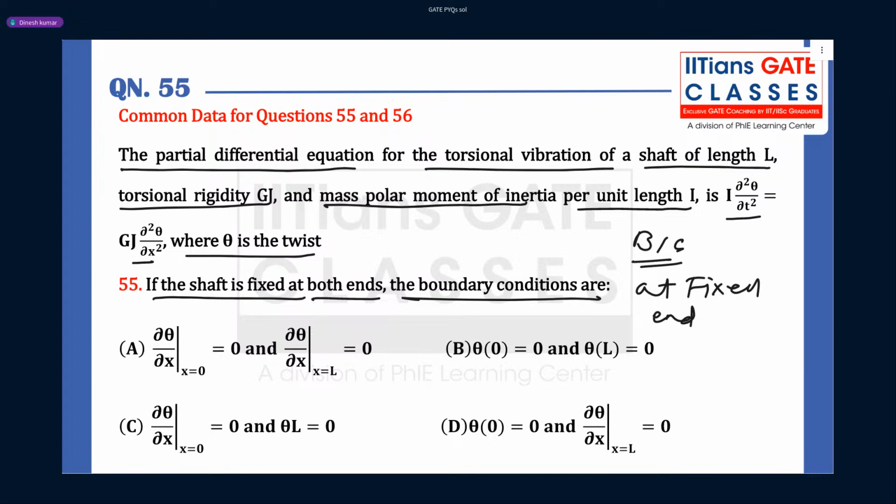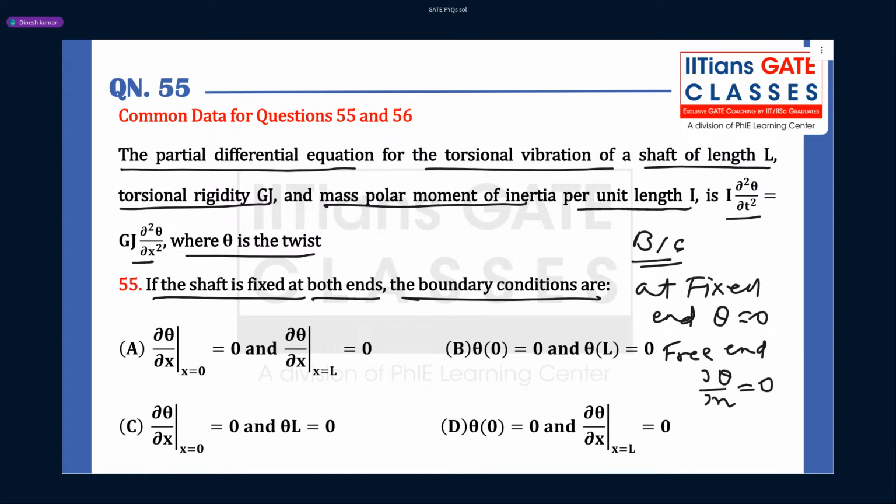Okay. So we know at the fixed end, the boundary condition is that the displacement or rotation is 0. And what is the boundary condition at the free end? We use that the rate of change of displacement, or slope, is 0. So ∂θ/∂x is 0.